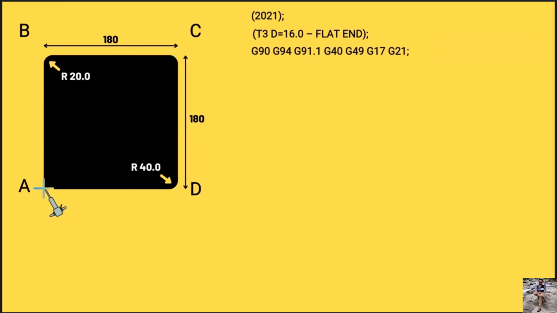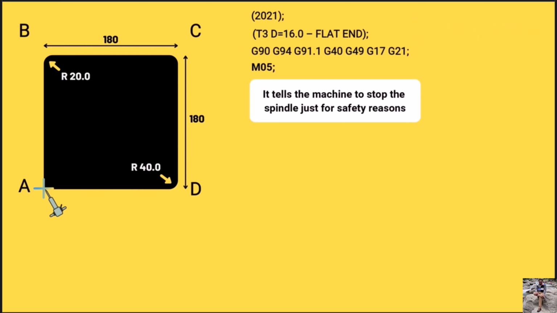So, with this, our preparatory function setup is complete. That means we are ready to write the program for the actual operation. The first code that we are coming across in this program is M05. It tells the machine to stop the spindle just for safety reasons.